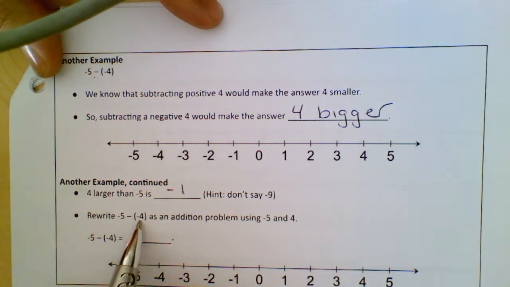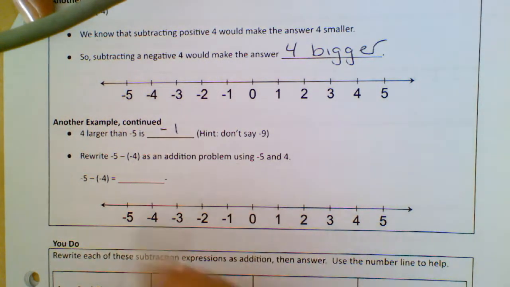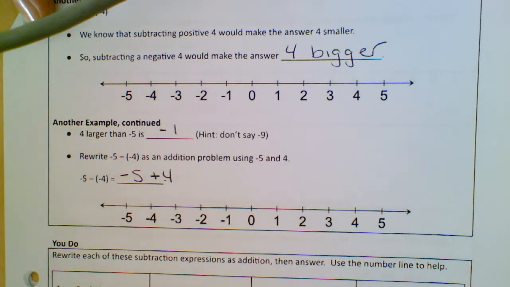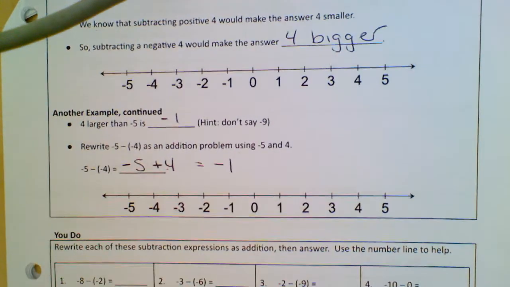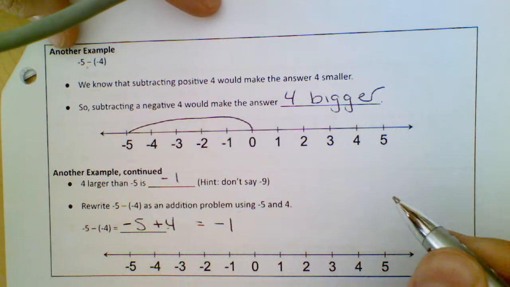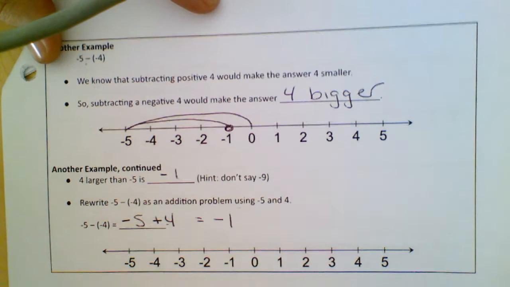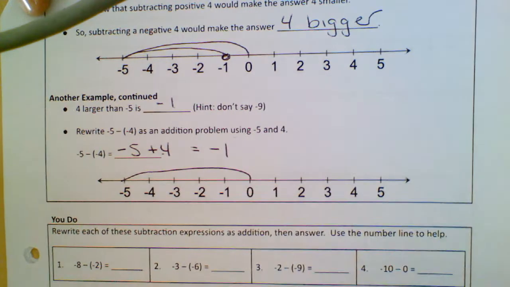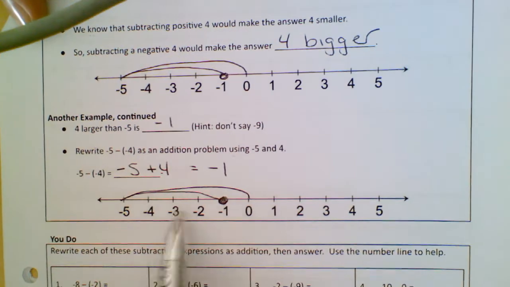So -5 minus -4 as an addition problem would be -5 plus +4, and you would still get the same answer. So here's -5, and then minus -4, you would go 4 bigger. If you model this subtraction problem, here's -5 plus 4, and you'll see that the two number lines are the same.